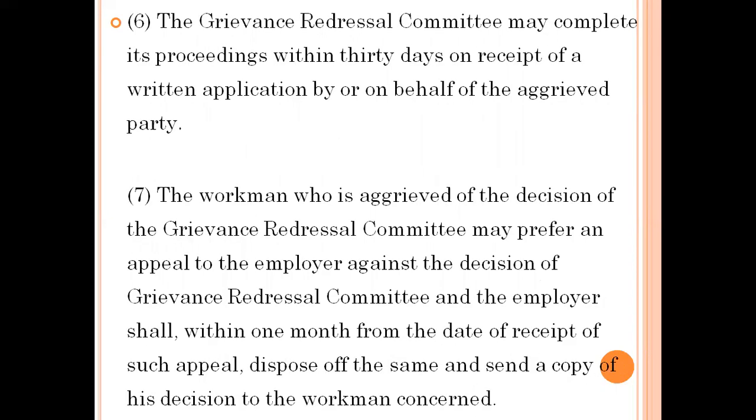The grievance redressal committee may complete the proceedings within 30 days of the receipt of a written application by or on behalf of the aggrieved party.